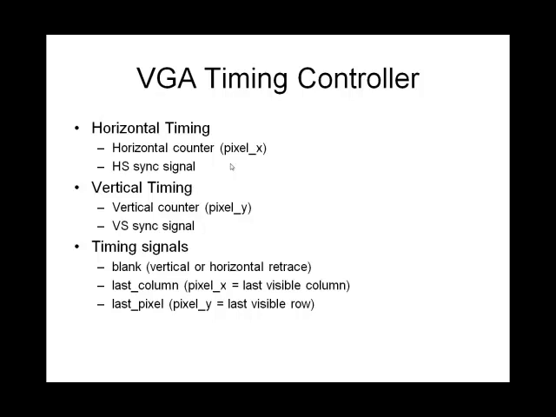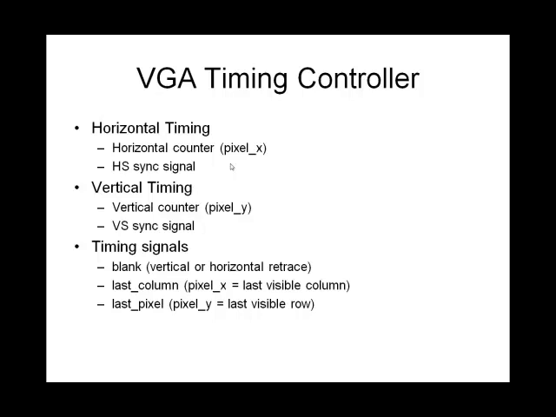So to summarize this screencast, you will need to create a horizontal counter that we'll call pixel X, and a horizontal sync signal. You'll also create a vertical counter, pixel Y, and decode that counter to generate the VGA sync signal. In addition, you're going to need to create a few timing signals.